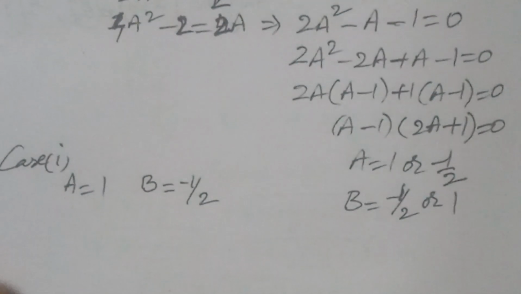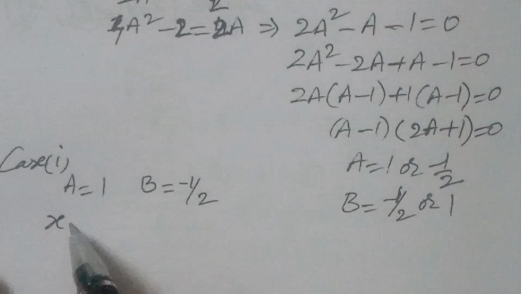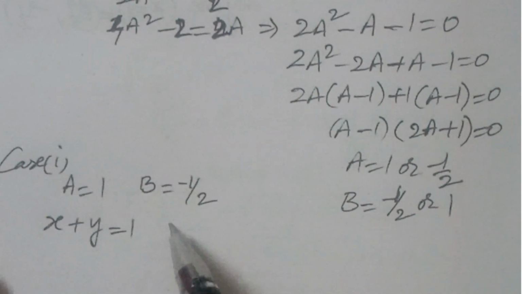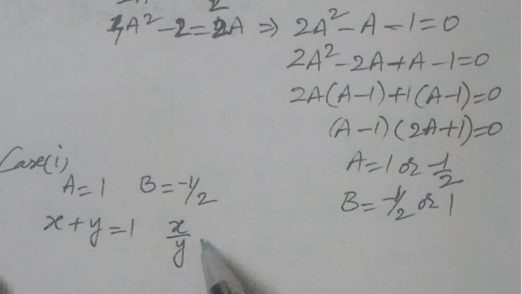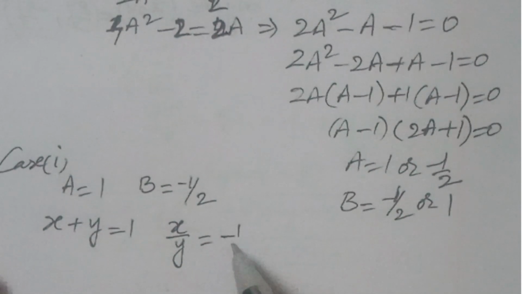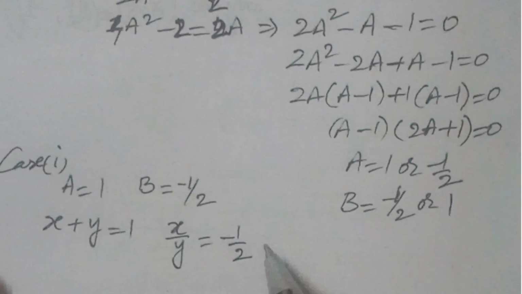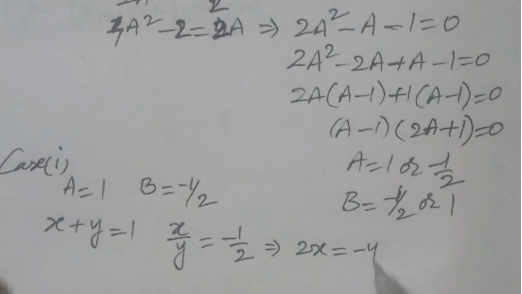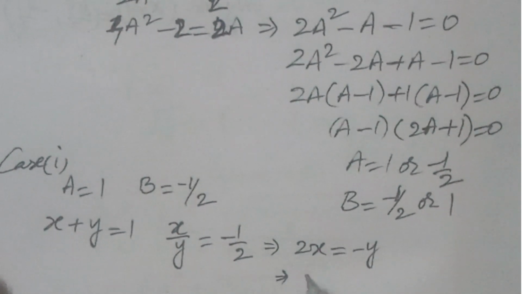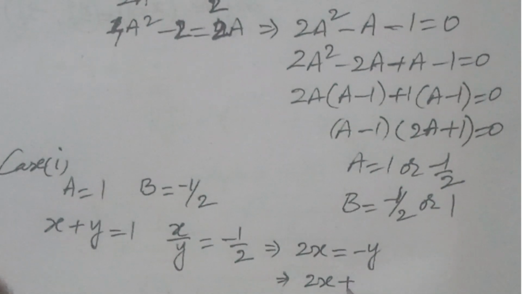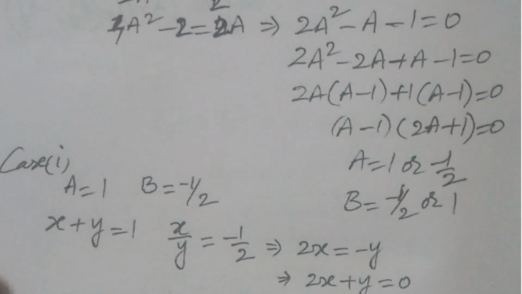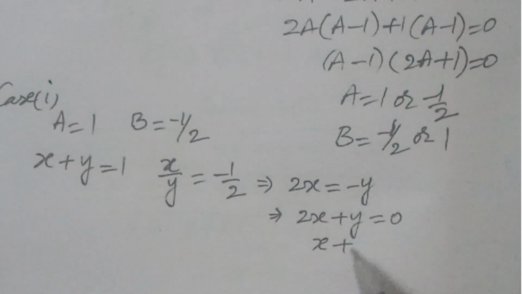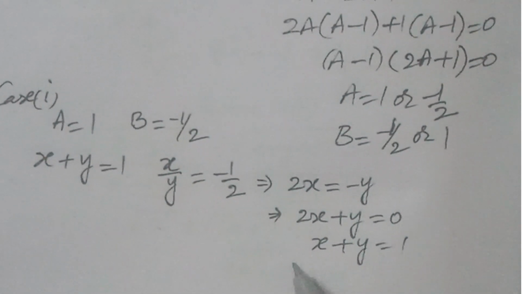So here what is a value? x plus y is equal to 1. b value, x by y is equal to minus 1 by 2. From this you can write 2x is equal to minus y, or you can write 2x plus y is equal to 0. So now we will solve x plus y is equal to 1.